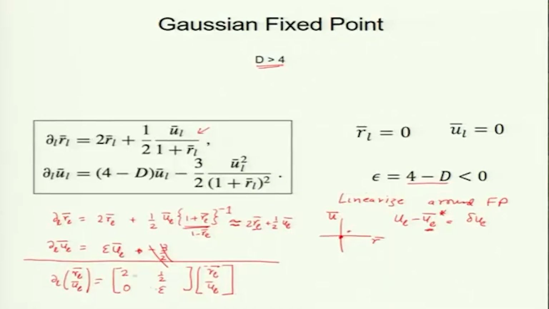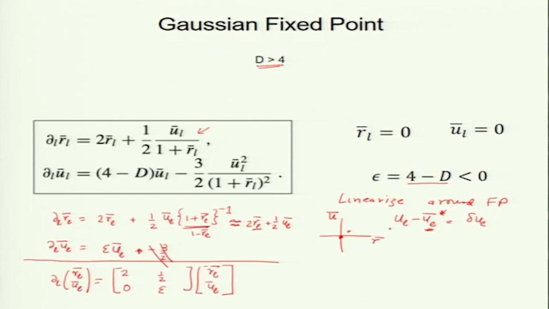In fact, you can guess the eigenvalues here. What is the eigenvalue for this case? Some quick witted mathematicians: the trace is 2 plus epsilon and the determinant is 2 epsilon. So, the eigenvalues are 2 and epsilon, which is very straightforward. The eigenvectors we need to compute.